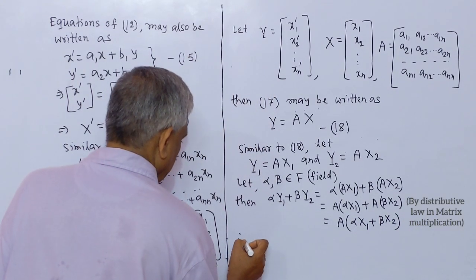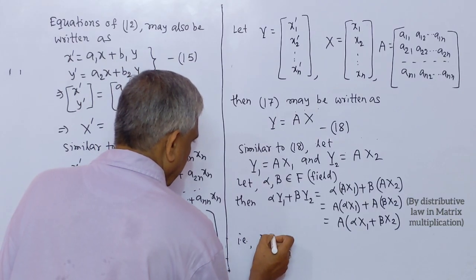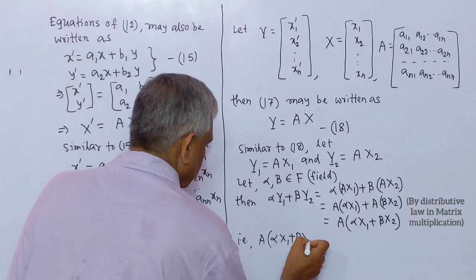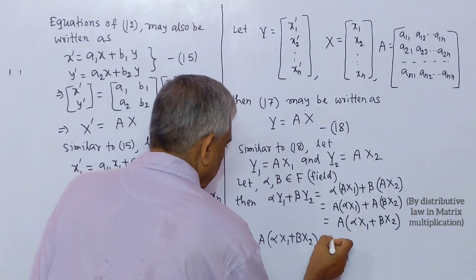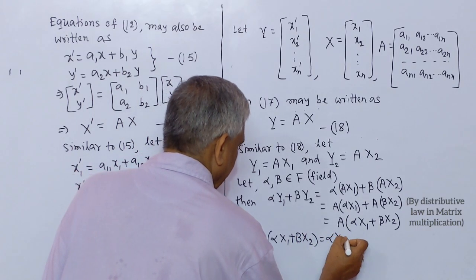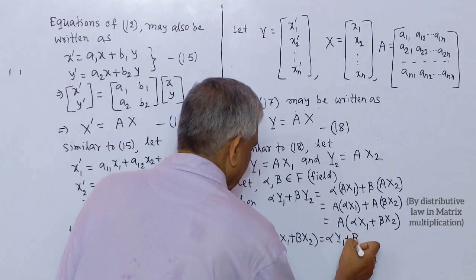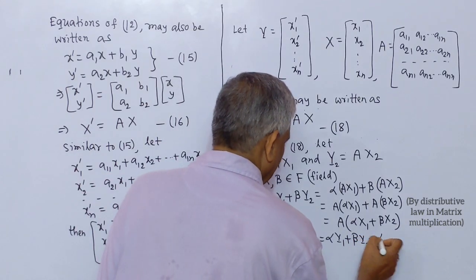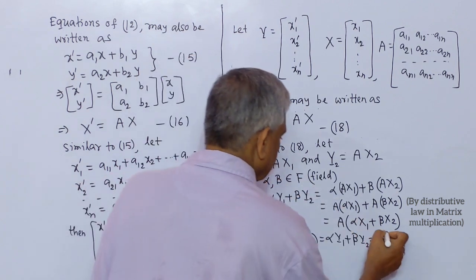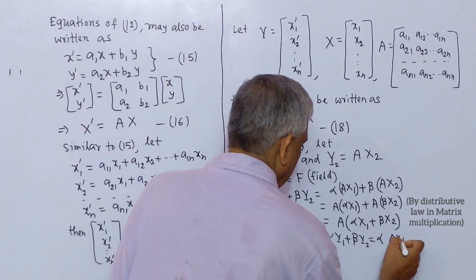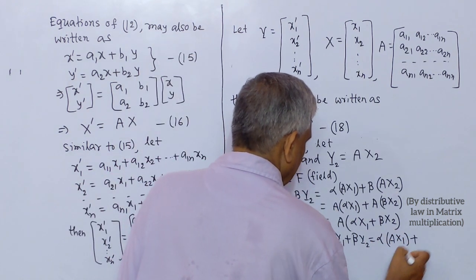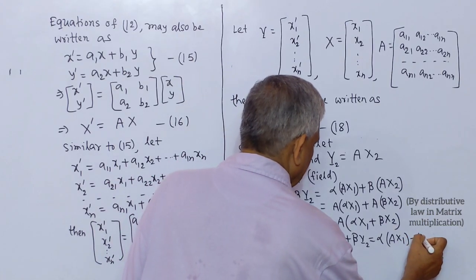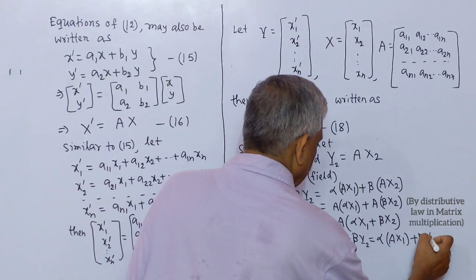That is, A alpha x1 plus beta x2 equal to alpha y1 plus beta y2. This is equal to alpha y1 is Ax1 plus beta y2 equal to Ax2.